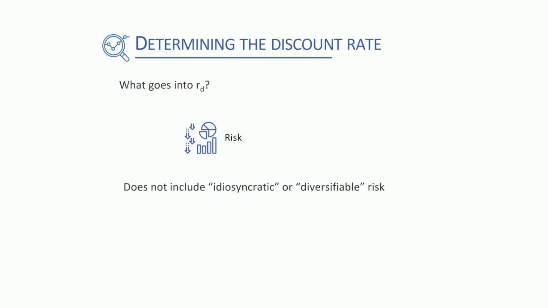The other element, as I said, that goes into obtaining a discount rate is risk. Now, in finance, we think about risk in a very specific way. And in particular, we never include in our discount rates any risk that we can get rid of.